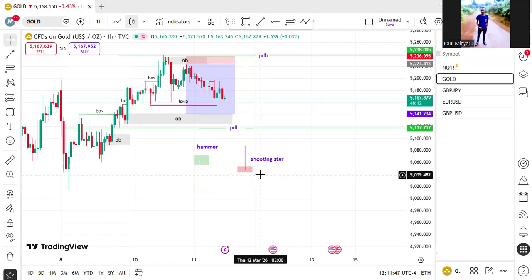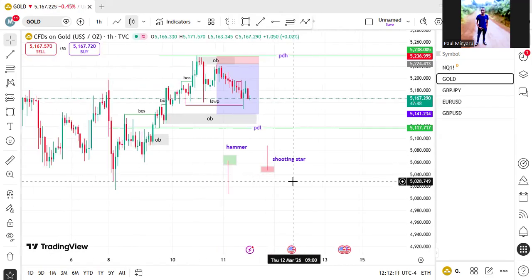That is when you get to make a decision. If this price has already given me a shooting star and we are in an uptrend, we wait for a break of structure to the downside, a retracement to a fair value gap or another order block. Then this shooting star forms, giving us an entry point for more short positions.